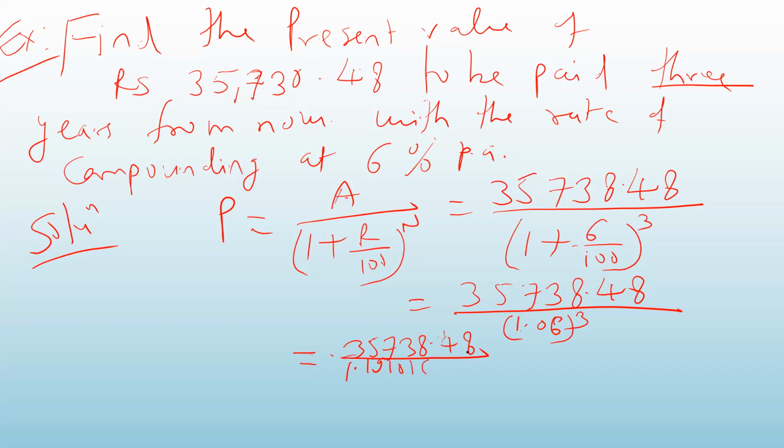That will give you 1.191016. Okay, so how much will you get? 35,730.48 divided by 1.191016. That is 30,006.